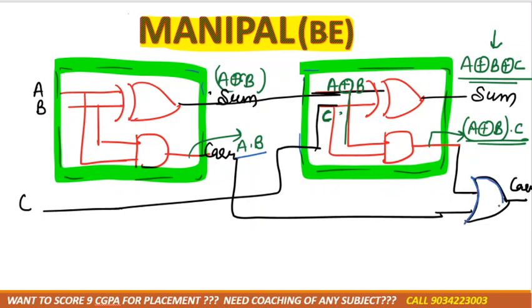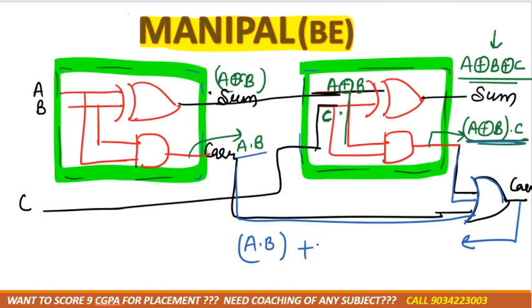Then they are added with each other. So finally, one of the inputs of the OR gate is A dot B, and since it's an OR gate, we add. The other input is A XOR B dot C, right?